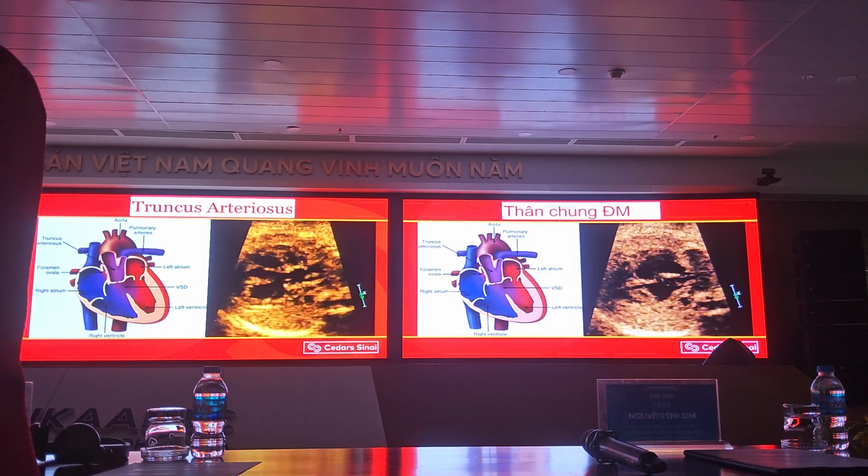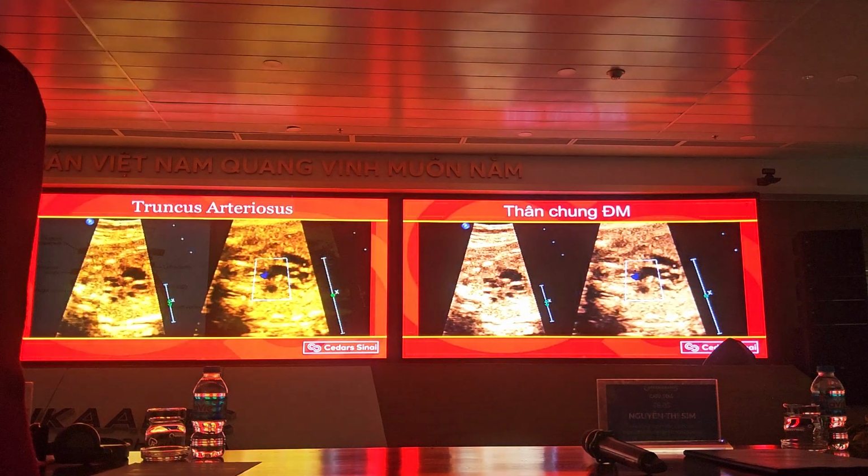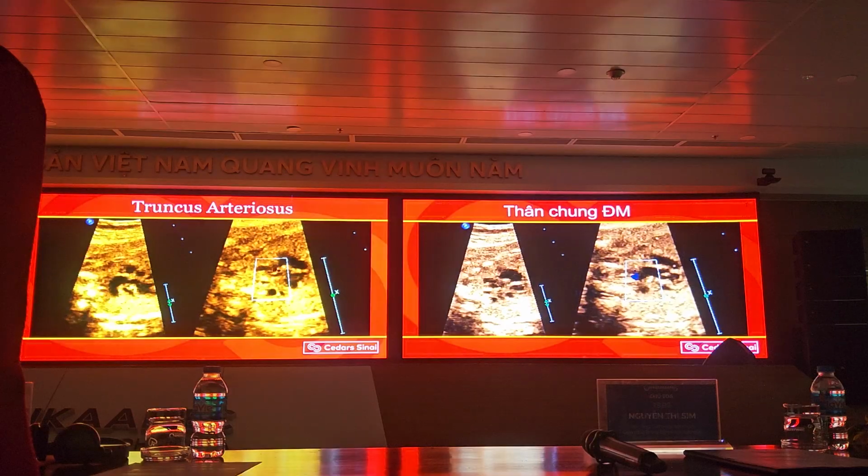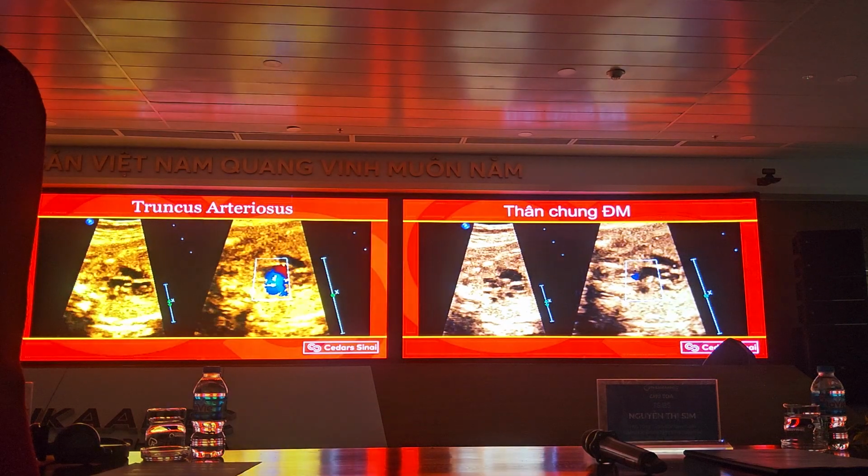So it's different from, say, pulmonary atresia, where you only have one semilunar valve, but then you have a main pulmonary artery coming off separately. So truncus arteriosus is less common, but it's usually a much more severe lesion with a worse prognosis, usually.